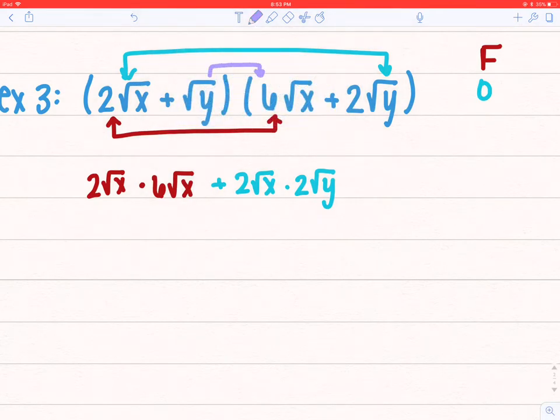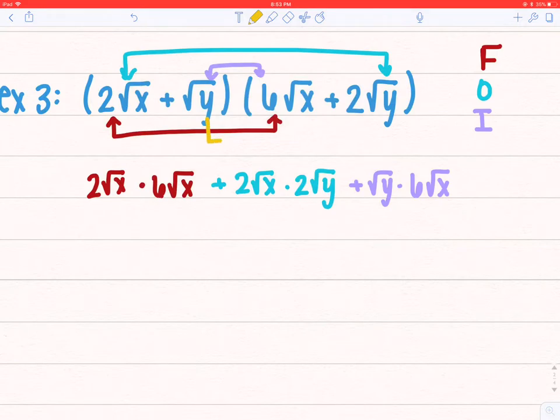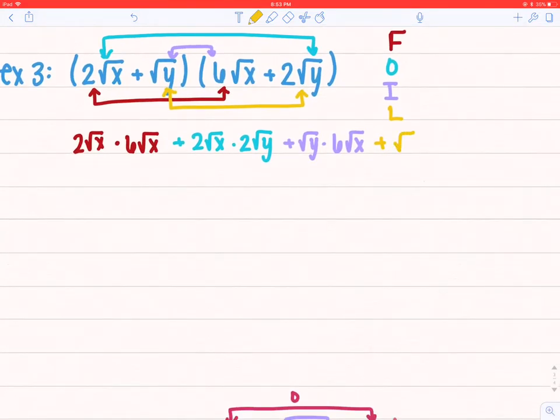The inner, square root of y times 6 square root of x, and then the last, which is square root of y times 2 square root of y. So that is everything not multiplied, just written together.